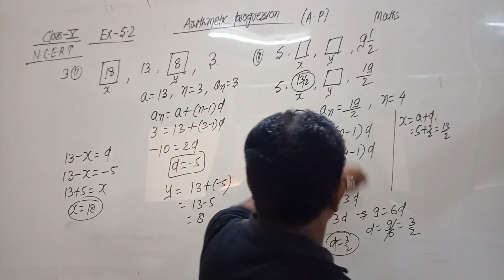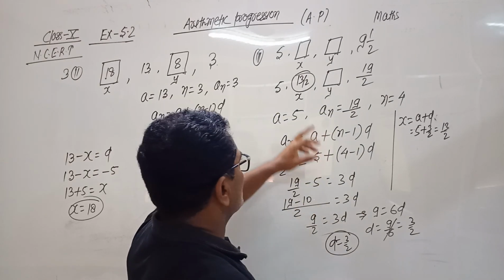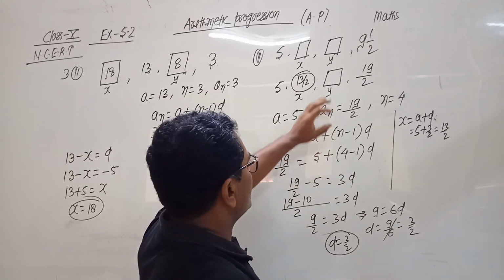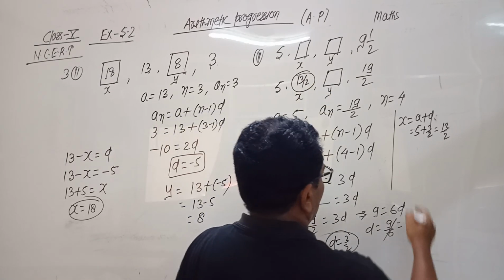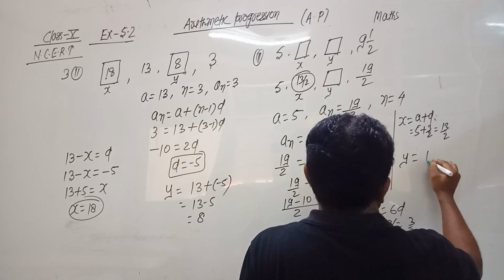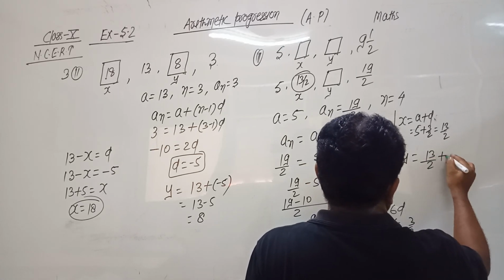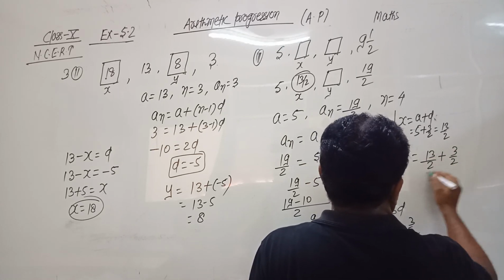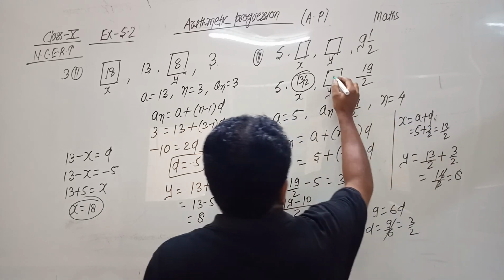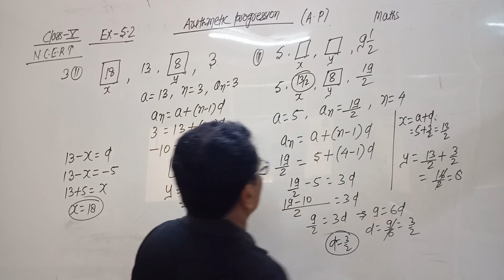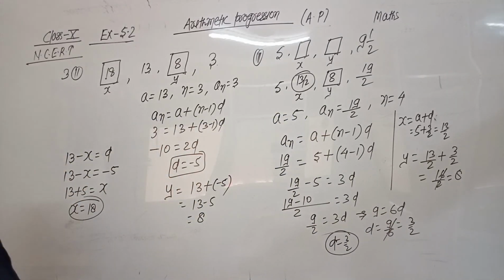Then for finding y, we use a plus 2d, or directly you can add the common difference to this term. So y is calculated by 13 by 2 plus the common difference, 3 by 2. This is 16 by 2, and we get 8. So the value of y comes to be 8.